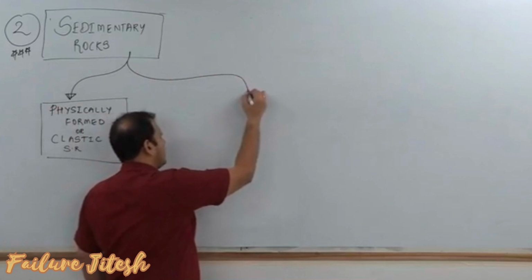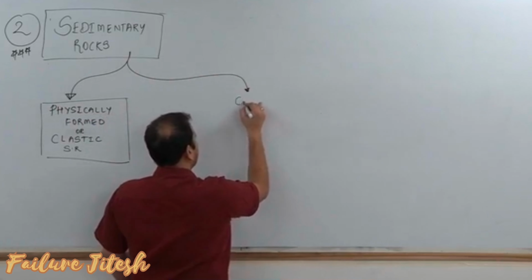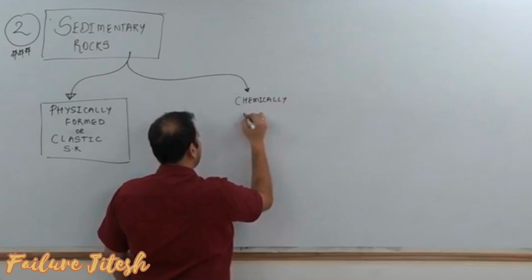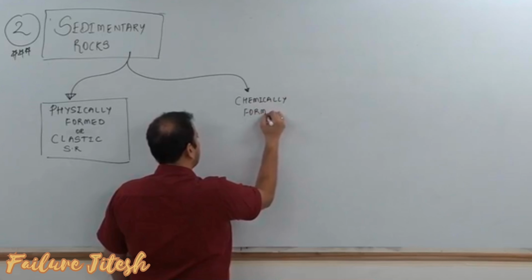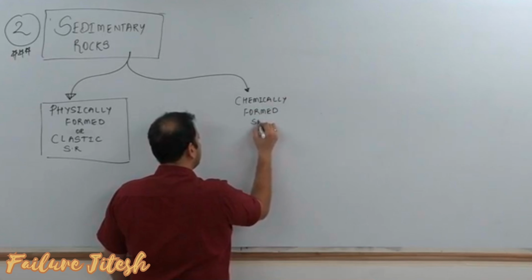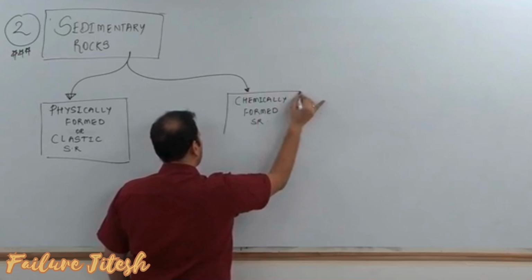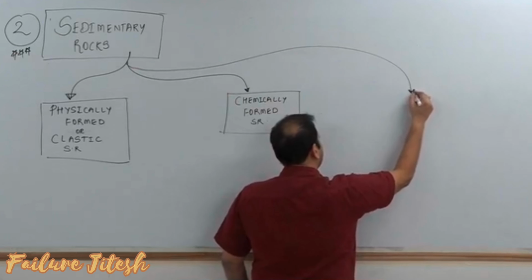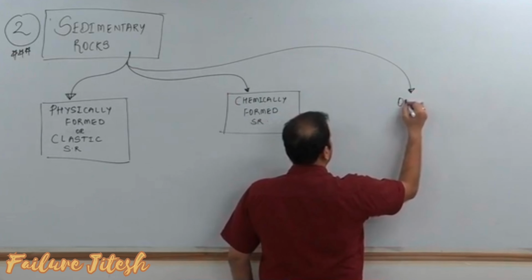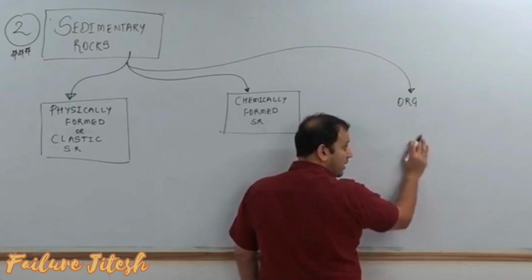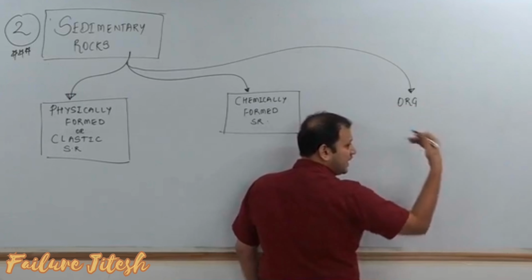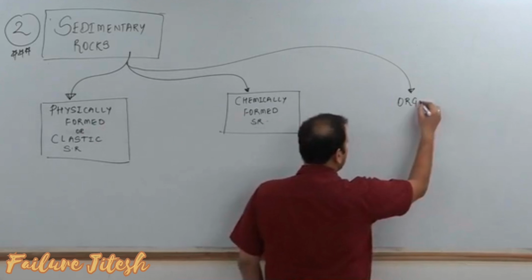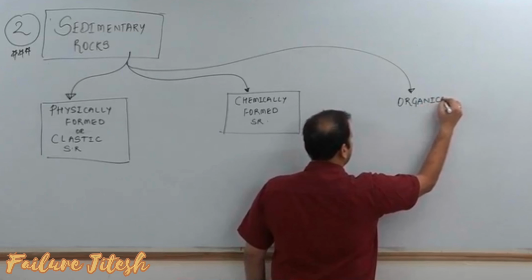Then chemically formed sedimentary rocks. And it can be physically or chemically formed, but it will be derived from organic matter, that is from dead living organisms, bones, etc., and we will call them organically formed sedimentary rocks.